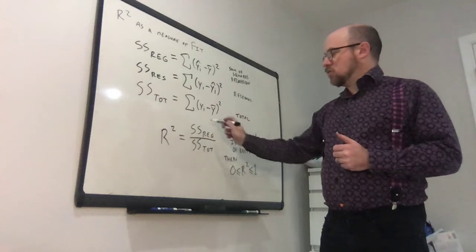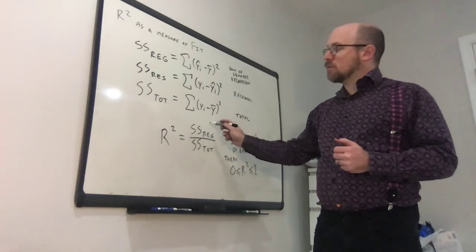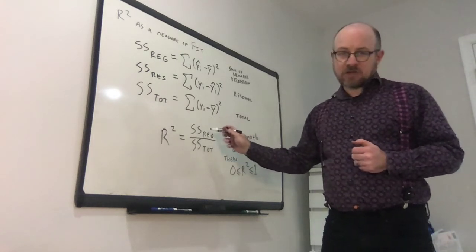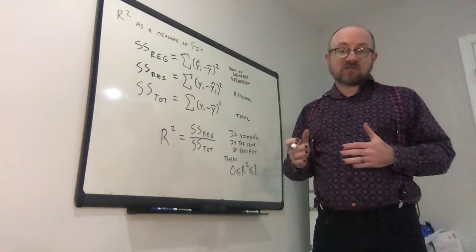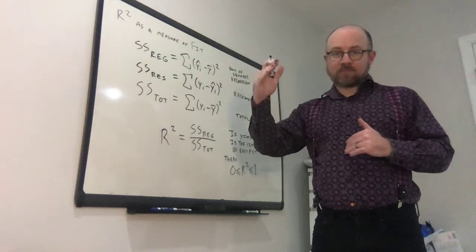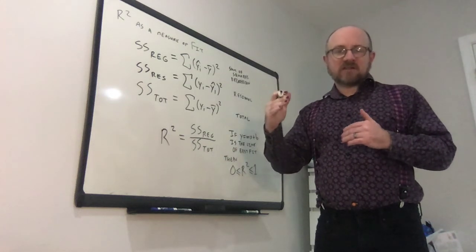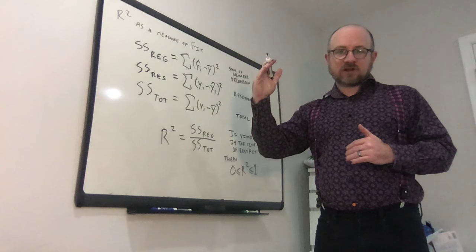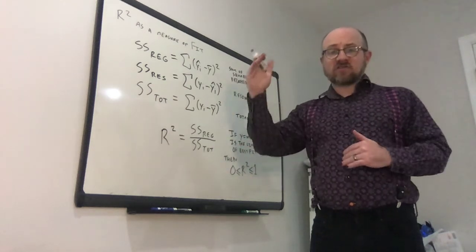But you can see that directly from this, right? So remember, SS regression was the amount of the distance from the mean that was explained by the regression line, divided by the total distance from the mean.